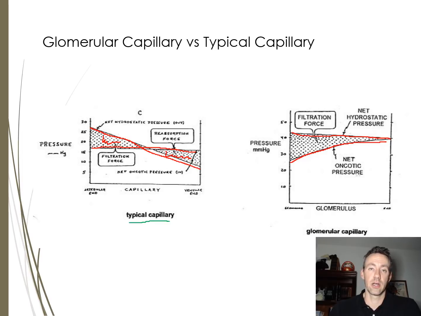This means the hydrostatic pressure is always stronger than the oncotic pressure, so all you have is filtration. That's a major point: there is no reabsorption occurring in the glomerulus. The hydrostatic pressures are too high. So throughout the entire glomerulus, all you have is filtration.